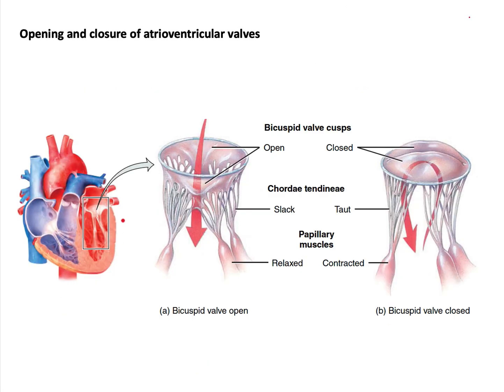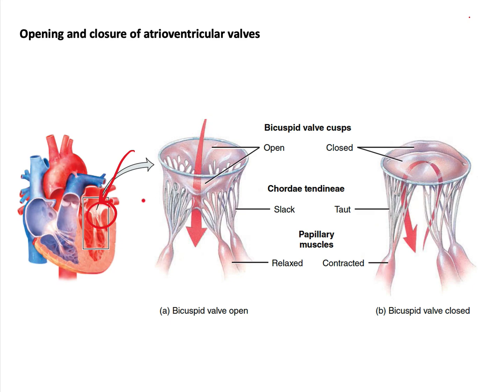We took just the bicuspid valve as an example, and you know, when the blood returned to the left atrium and the pressure of the left atrium is increased, I would say 70 to 80% of the blood will pass passively without contraction of the atrium.